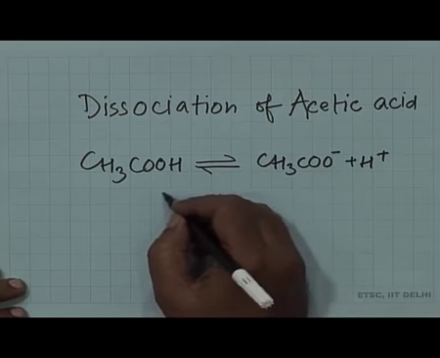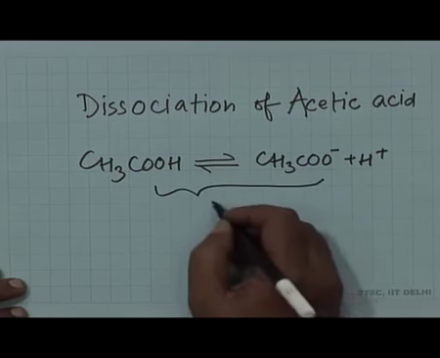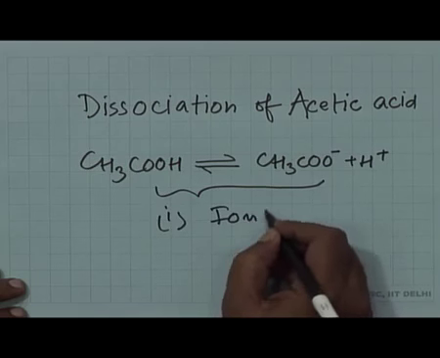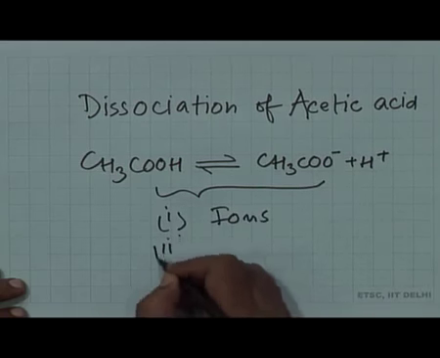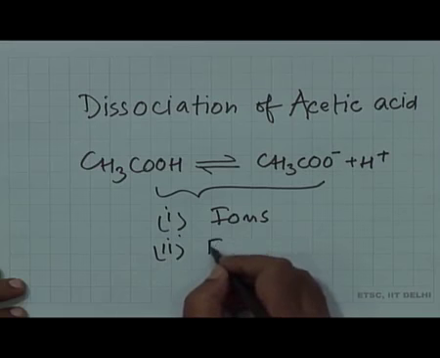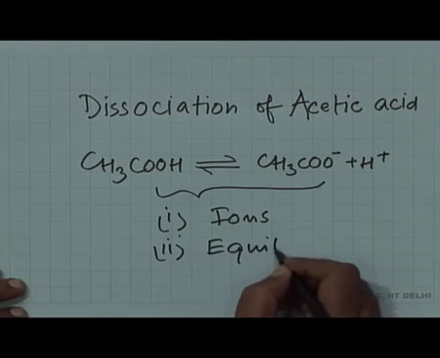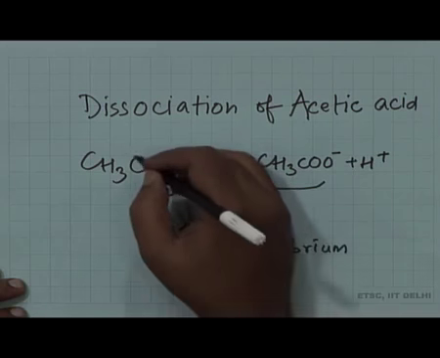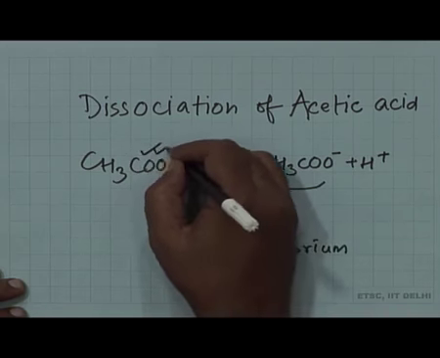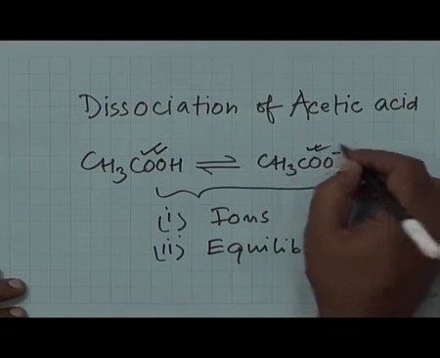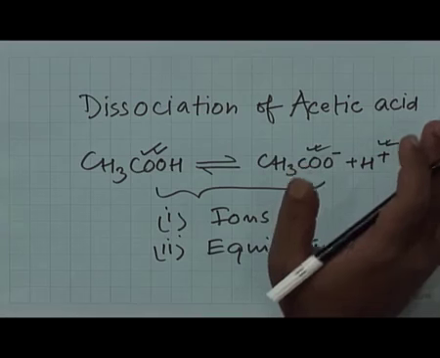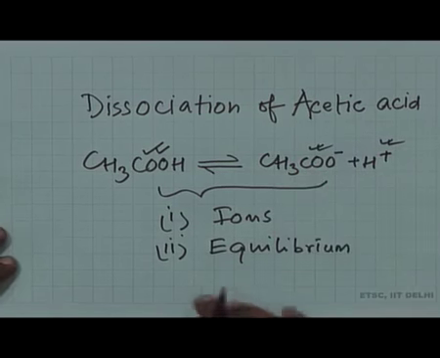So, the reaction has ions. First thing is the reaction has ions, and the second thing is there is an equilibrium between your undissociated species and dissociated ions. Only in this case we can apply the concept of equilibrium.